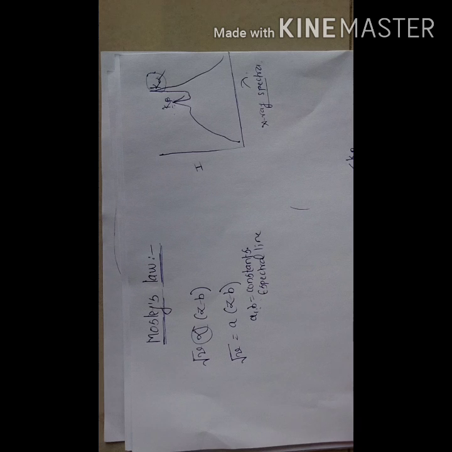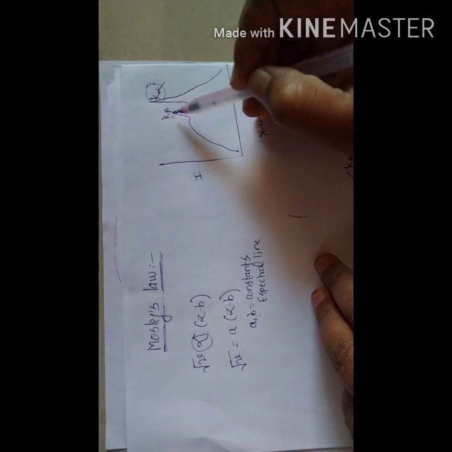Moseley studied nearly 35 elements, and he observed and concluded that the spectral lines of all the elements are different, because the frequency of the spectral line is different. We know that if the frequency is different, then its wavelength is also different. So these are the spectral lines.